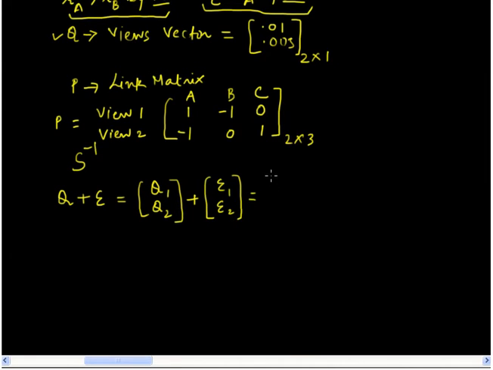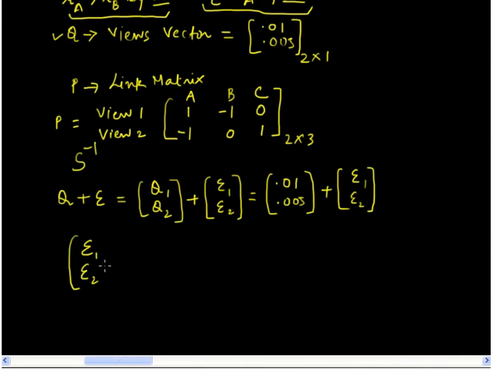So if we fill in the numbers that we assumed, we have something like this: 0.01 for the first view, 0.005 for the second view, and we have then this vector which captures the error about our views, the uncertainty about our views. Now we are going to make an assumption. We are going to assume that the error terms are normally distributed, which we can write as this.